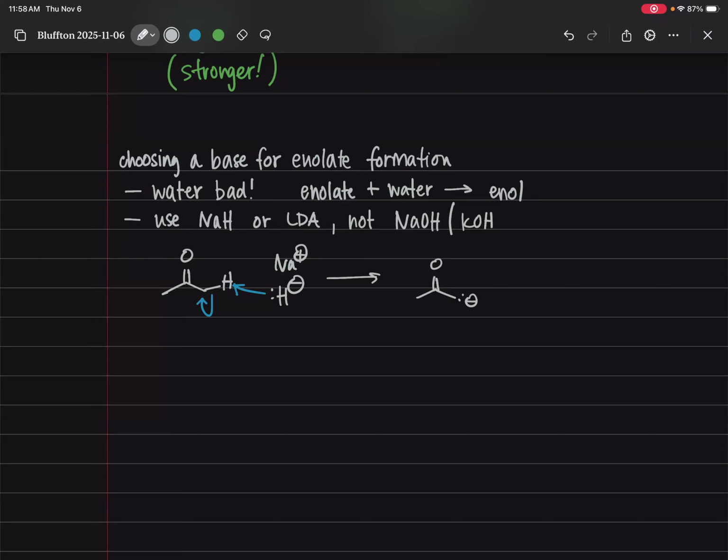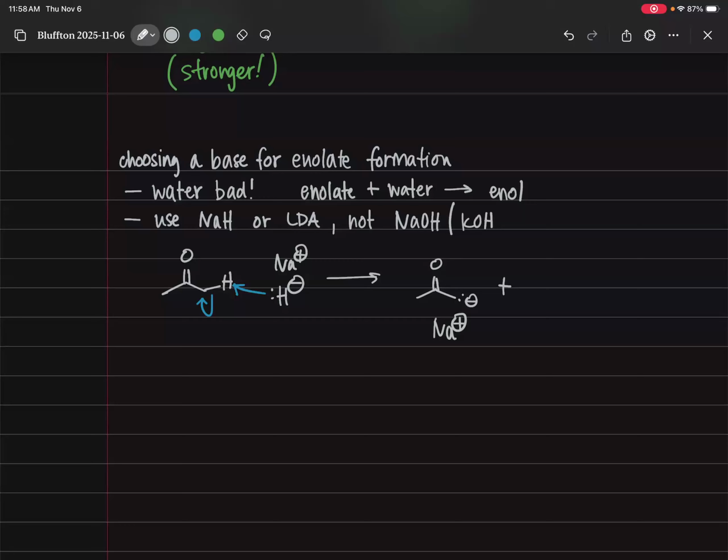What else is formed in this reaction, just based on the arrows? Yeah, so the enolate is really a salt with a sodium cation. What else? So no, the sodium and the hydrogen are not connected.